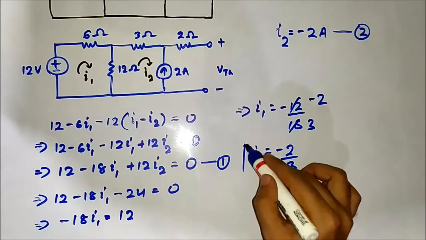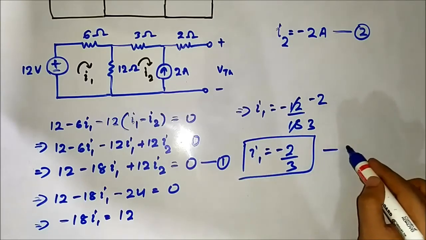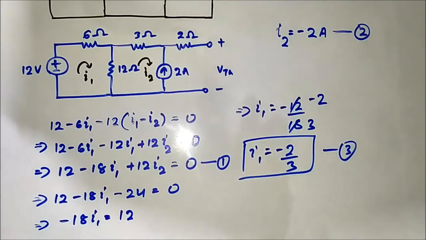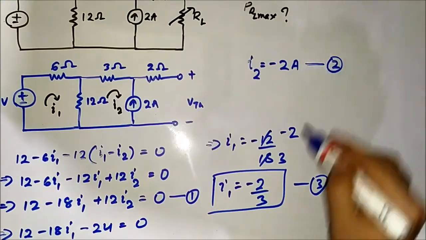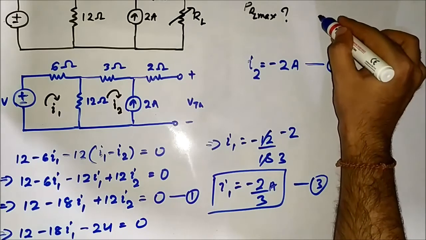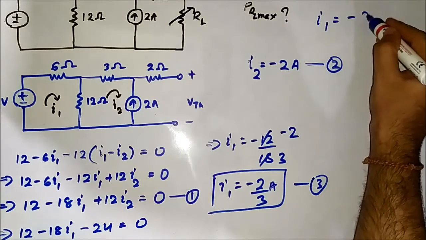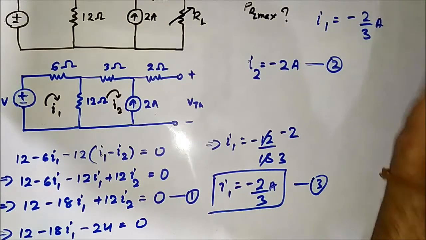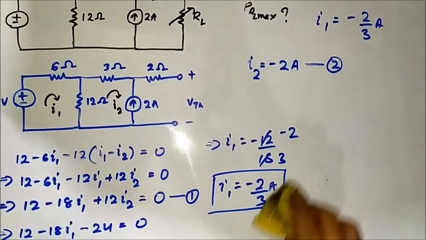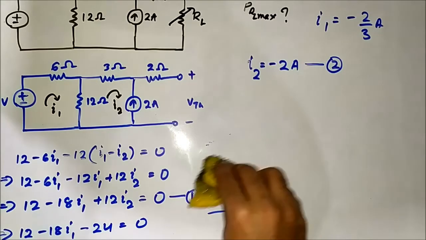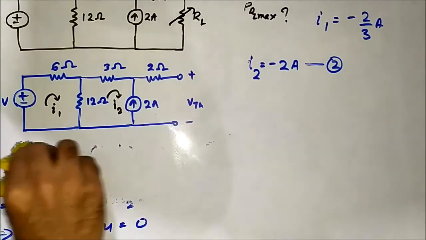I1 is minus 2 by 3. This is the third important equation. So we have got I2 is equal to minus 2 ampere, I1 is equal to minus 2 by 3 ampere. Now we have to apply mesh analysis in the second loop, and then we will get the value of VTH.